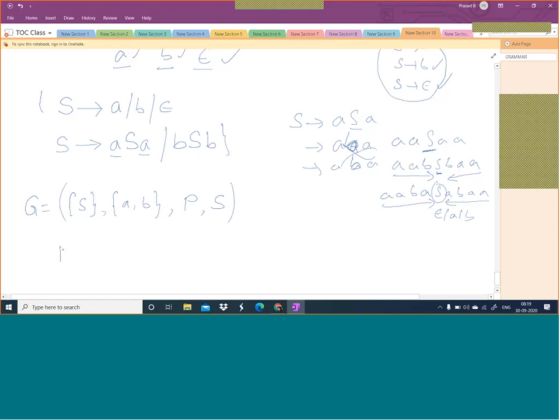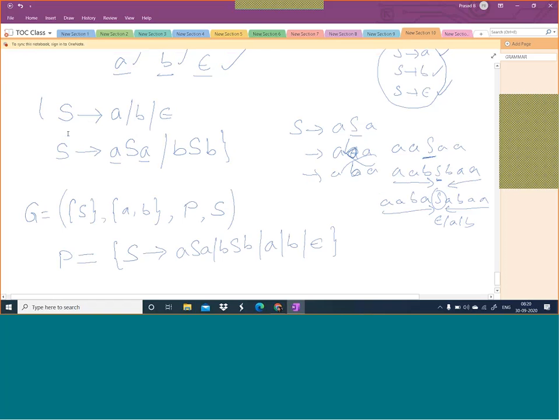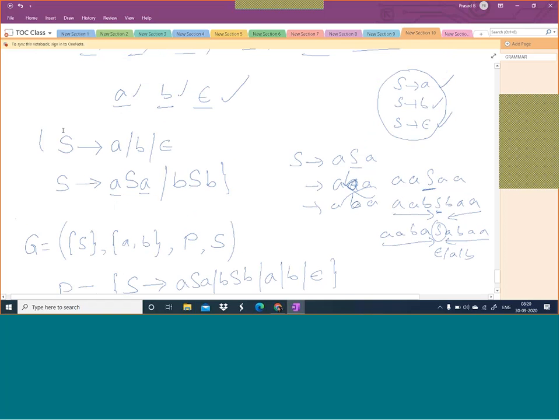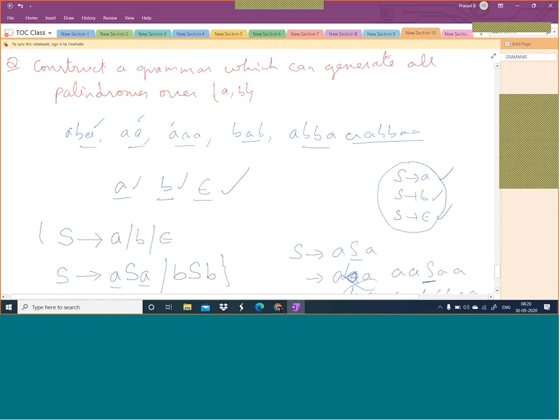S derives ASA, S derives BSB, S derives A, S derives B, and S derives epsilon. These are the productions. So this is the grammar. Do you understand? Copy this.